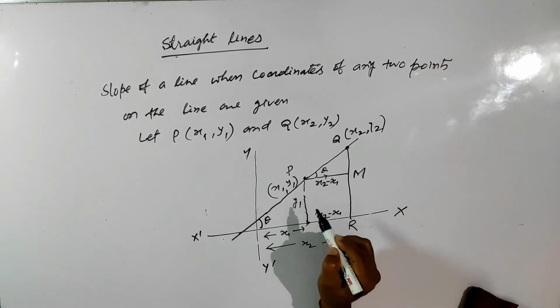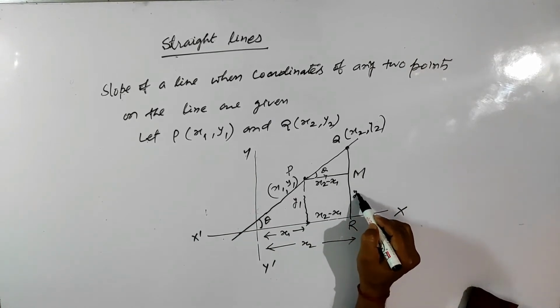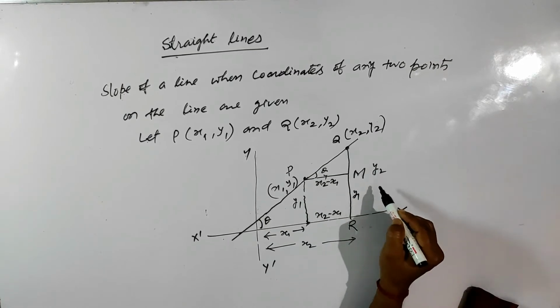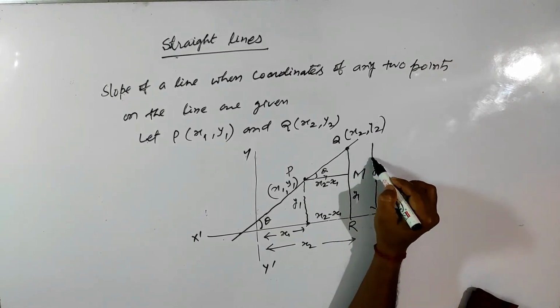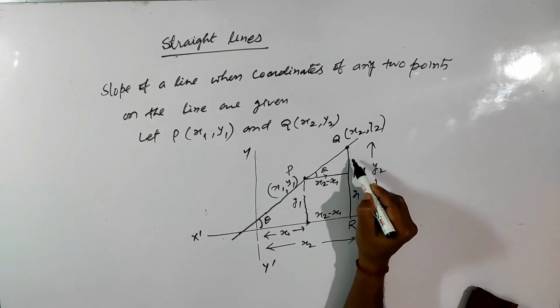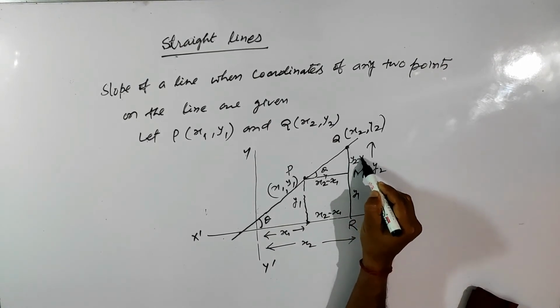This distance is y1, so this is also y1, and QR is y2, then QM will be y2 minus y1.